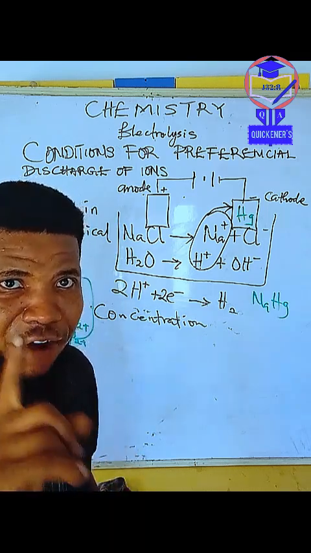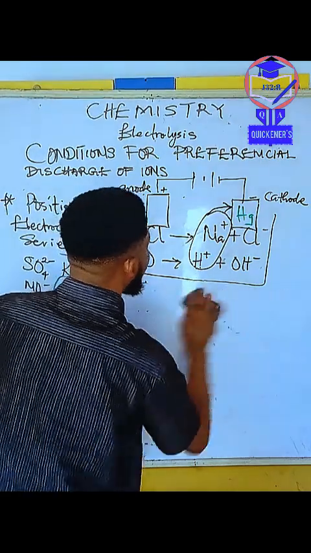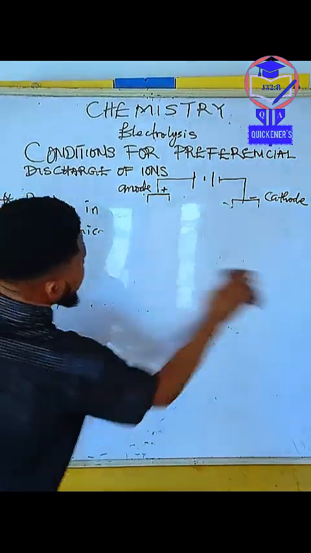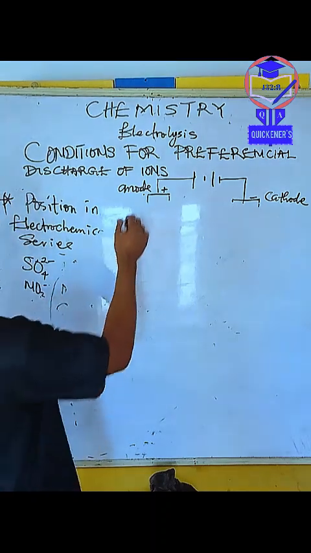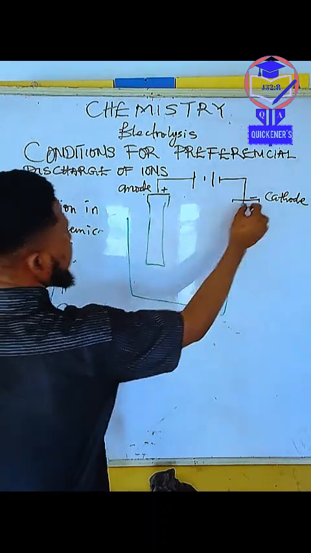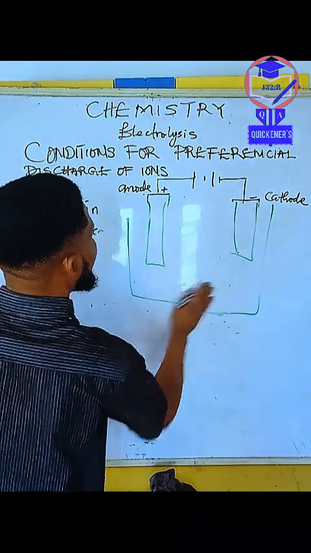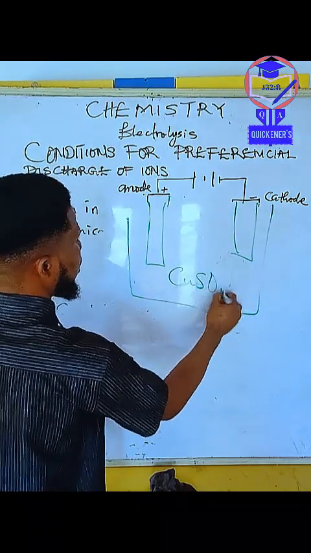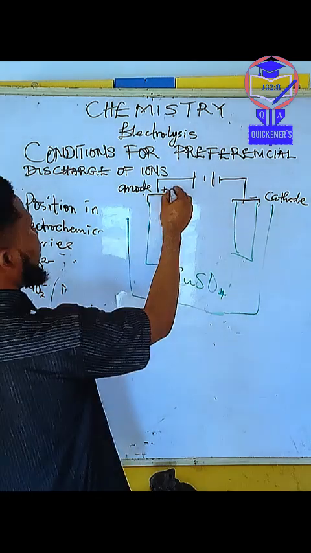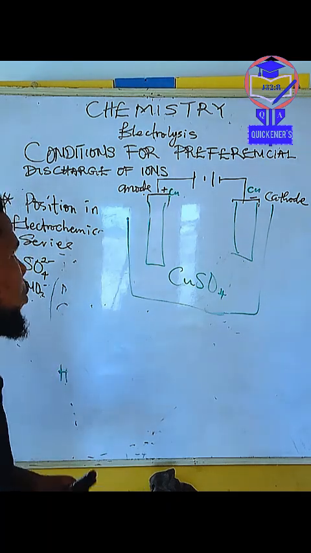I'm going to give you a very important scenario concerning what I just said. Let's say we have CuSO4 as our electrolyte, and we have copper electrodes, both of them copper.